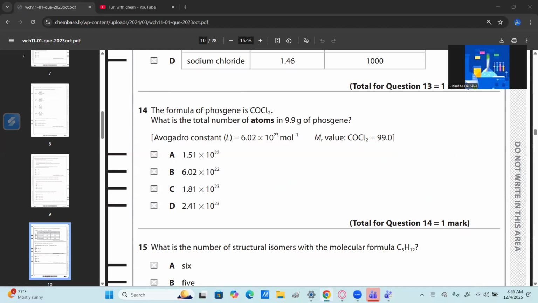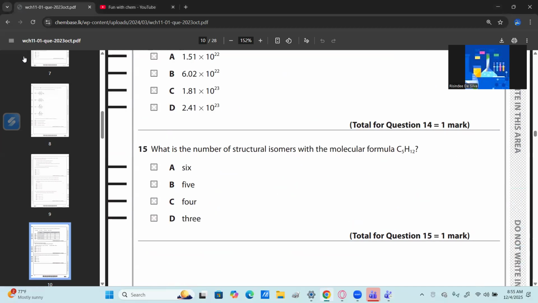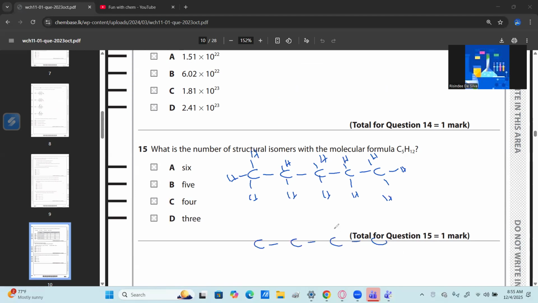What is the number of structural isomers with the molecular formula C5H12? So I can draw one with 5 carbons as a straight chain one. So normally, as a general rule, remember that pentane has 3 isomers. Then I can reduce it to 4 carbons and I can put a branch chain.